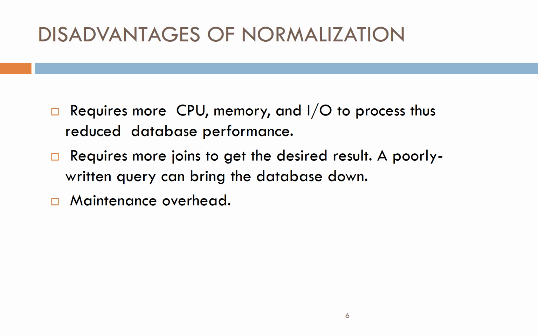So when you want to retrieve or fetch the data required for your operation, at that time you have to perform more join operations, and you know that join operations are a bit complex. So a poorly written query can bring the database down, and the maintenance overhead is also high in the normalization process. So these are the disadvantages of normalization.